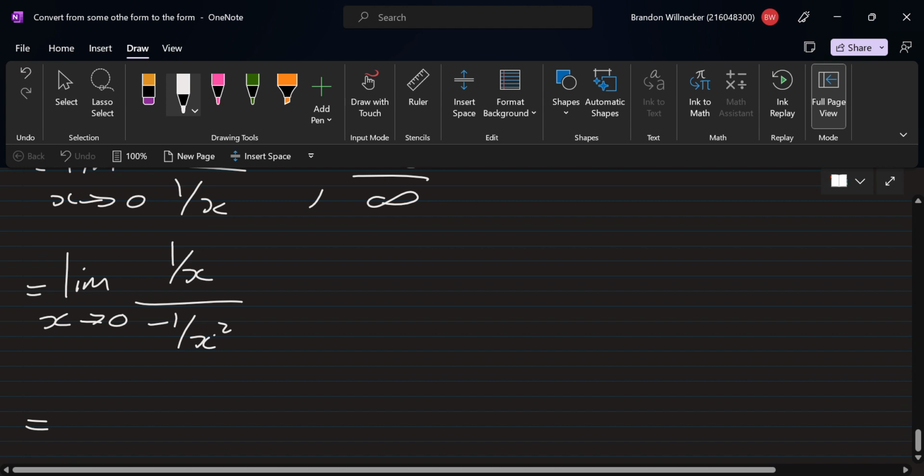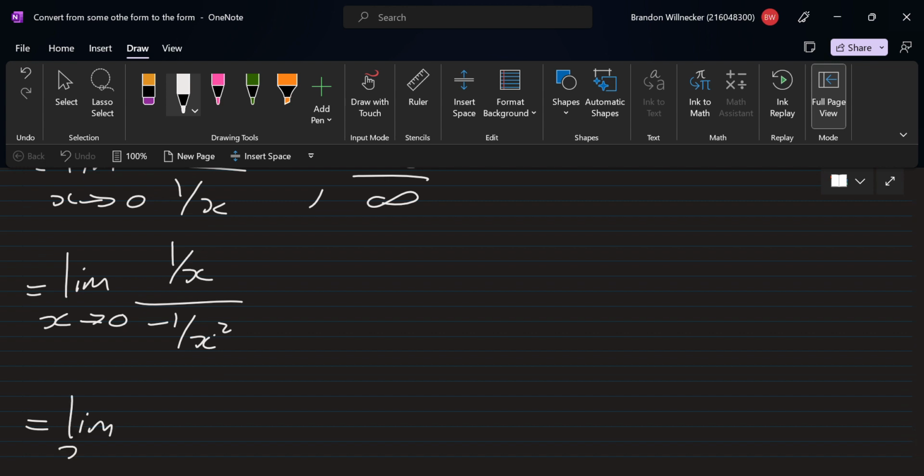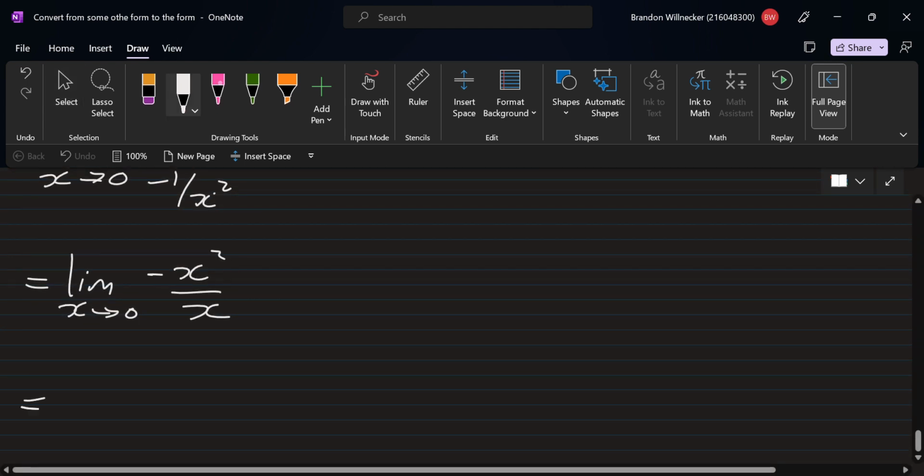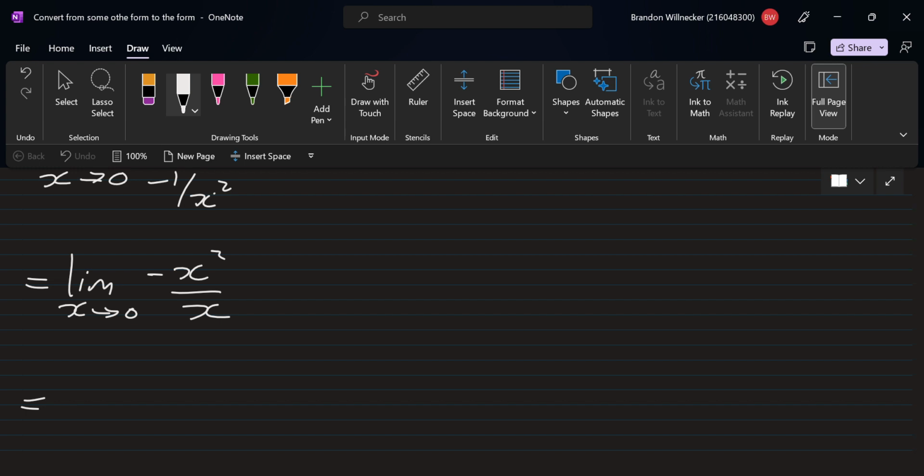Okay, so what do we get here? We get the limit as x goes to 0. This minus 1 over x squared, we can take that to the top. So we get minus x squared over x. Okay, now please don't treat this as an indeterminate form. It is 0 over 0, okay, but we can simplify. You could use L'Hopital's rule, but that's a bit too much. Right, if you can simplify, rather do that.